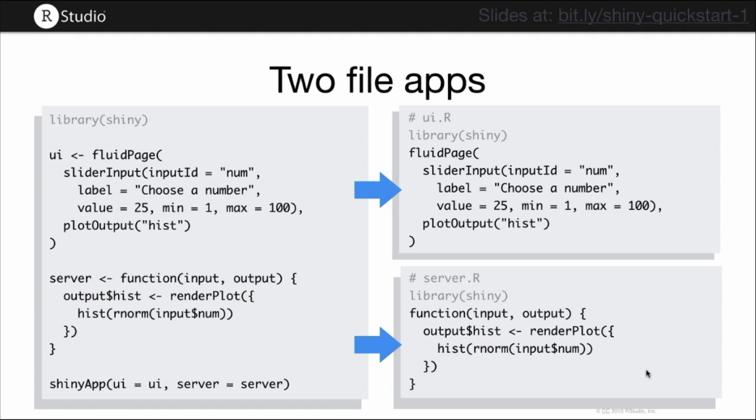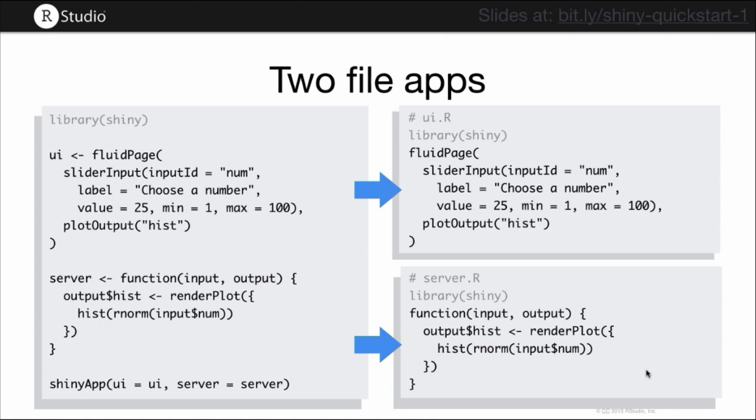In the 2-file structure, you take everything that you would save to the UI object, and you just put it in a standalone script. You don't need to save it to UI. You just put it in its own script, and you name that script ui.R. And then everything that you would save to the server object, you put that in its own script, and you save that script as server.R. And with these 2 scripts, neither of them calls Shiny app. You don't need to call Shiny app in this scenario.